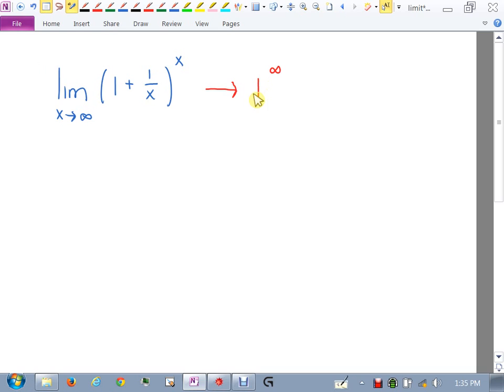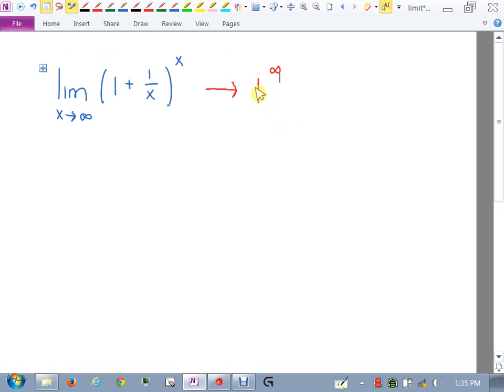So as much as the base is trying to be 1, the exponent is trying to make it blow up. So who wins this tug of war? It's going to turn out they compromise and say, let's just become e and then everyone's happy. But we need to show that.